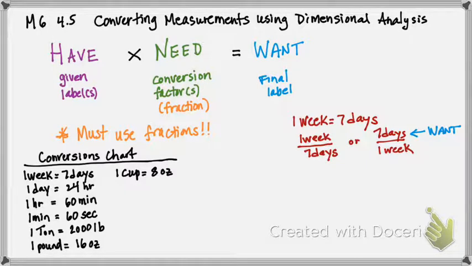Okay, and then we've got 1 pint is equal to 2 cups. Let's see what else. We have 1 quart is equal to 2 pints. Let's see, 1 gallon is 4 quarts.